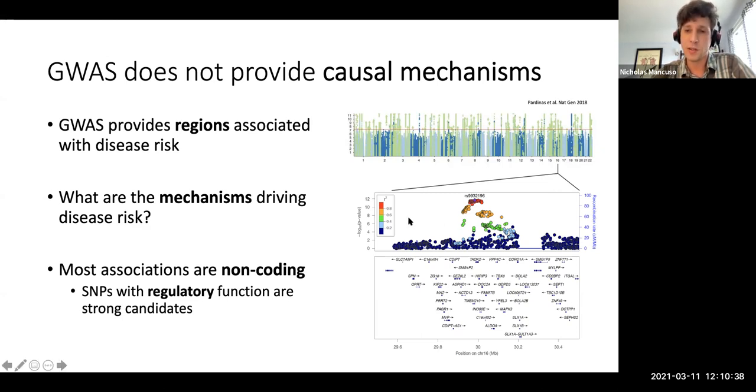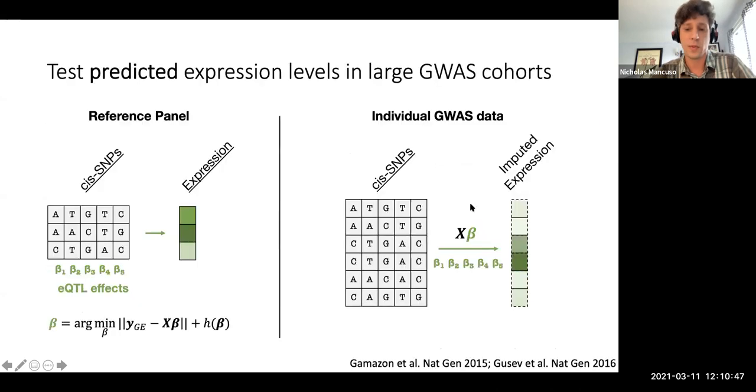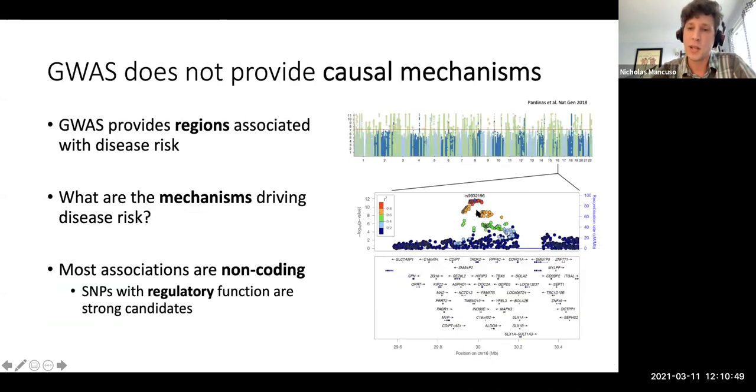As a nice illustration, if we just try to eyeball it, looking at this risk region here, each point is a genetic variant. Its height along here is evidence of association. And down here are all the genes at this locus, right? If we were just to try to pick which gene is explaining risk, we really are just out of luck without any additional functional support.